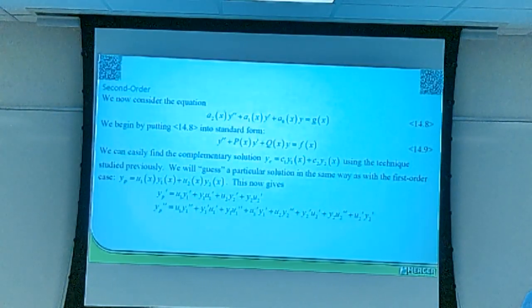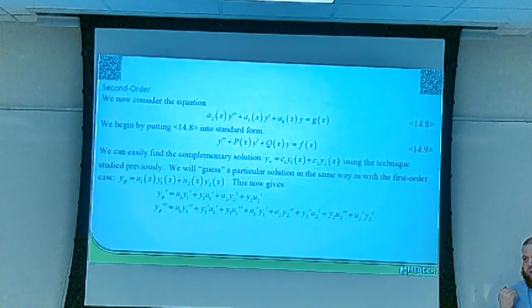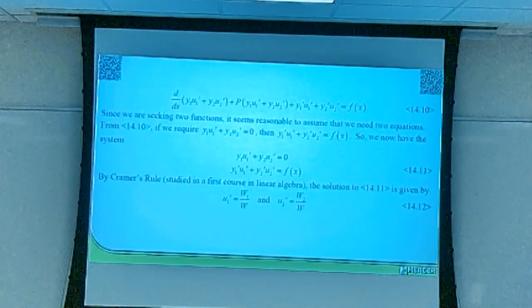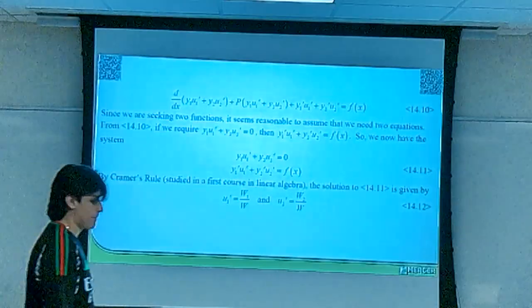The idea for second order is we want to find two functions, u1 and u2, where your particular solution is u1 y1 plus u2 y2. So we go through all this work. There's a lot of algebra. This is where you need linear algebra.